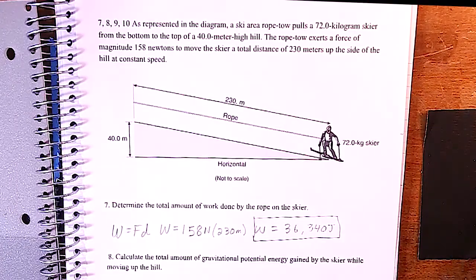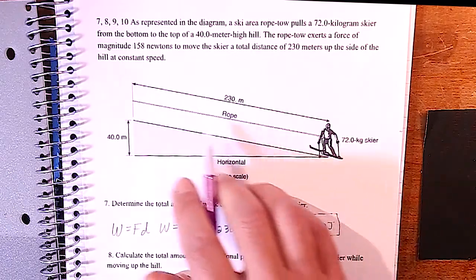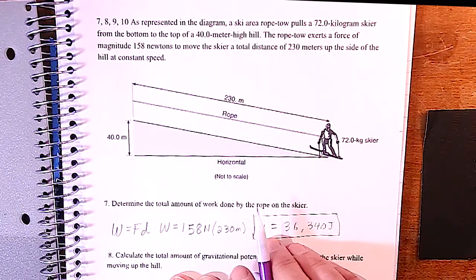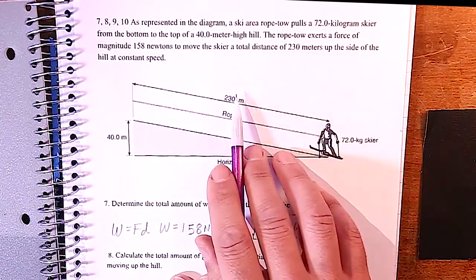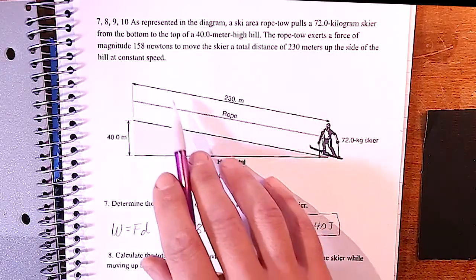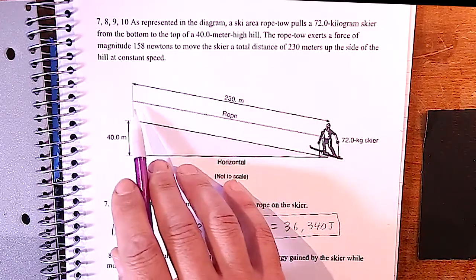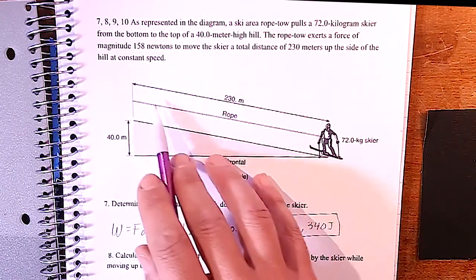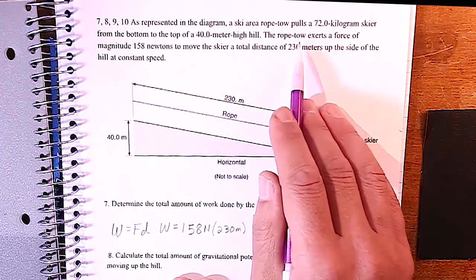This is a rather involved problem where they're asking us lots of stuff about this skier being dragged up the hill. So first off, they give us the mass of the skier, 72 kilograms. And they tell us that the height of the hill is 40 meters, but they also tell us that the length of the hill is 230 meters. And here's the important part.